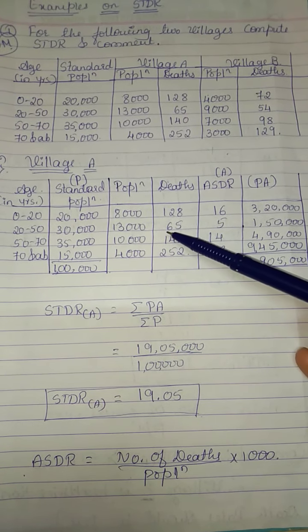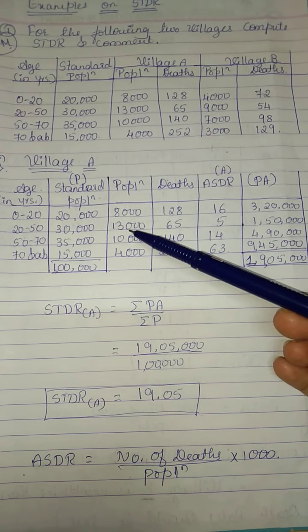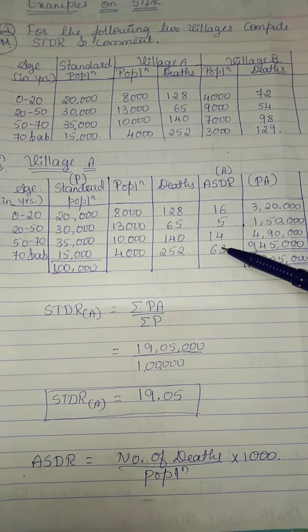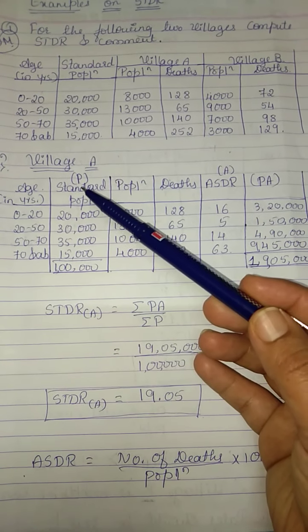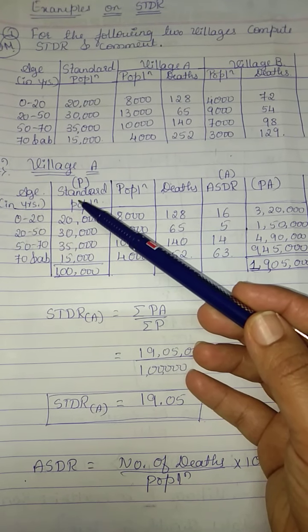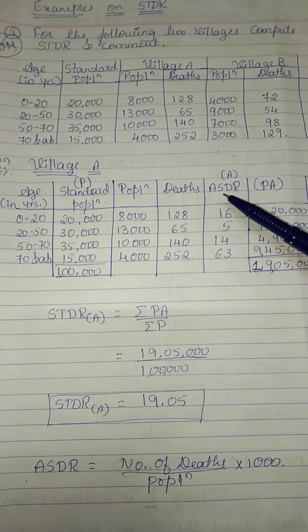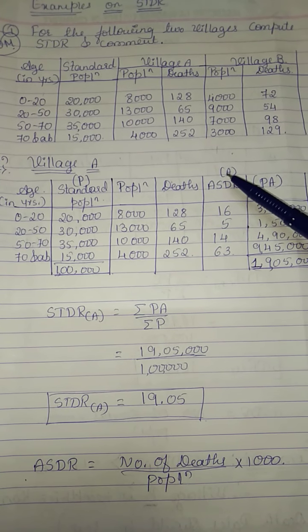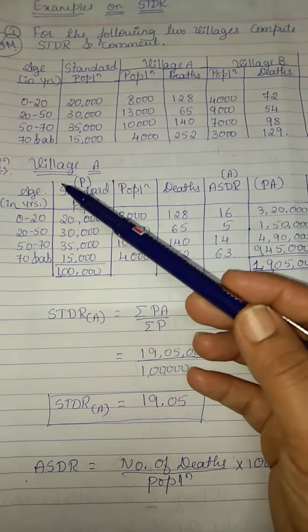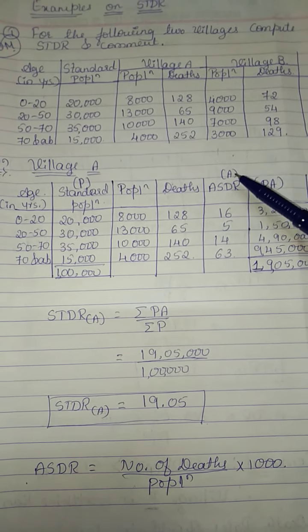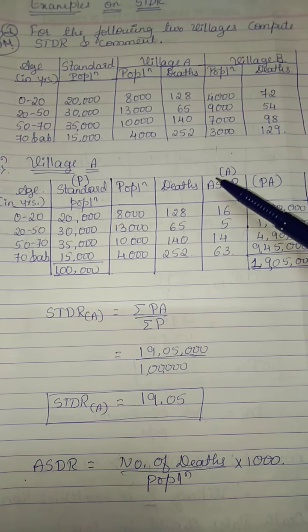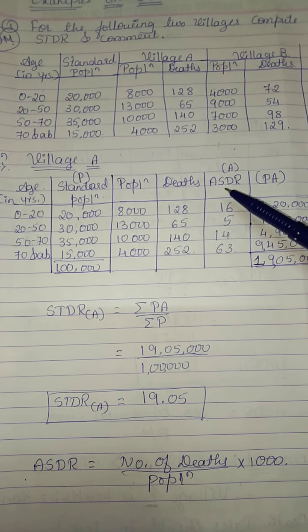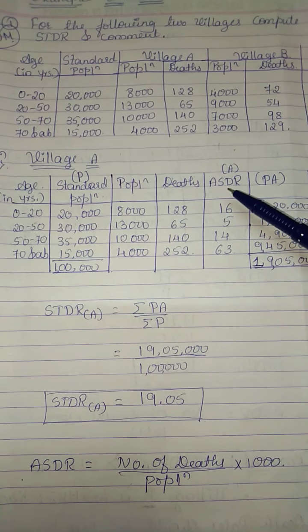If you divide this by this into 1000, you'll get ASDR. Standard population is denoted by P. Age specific death rate is denoted by A here. Why A? For village A I am calculating, so I have written A here. If I calculate for village B, I'll write B for this age specific death rate, that is ASDR.